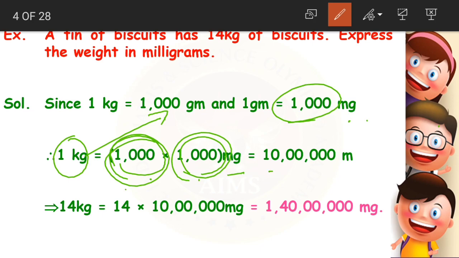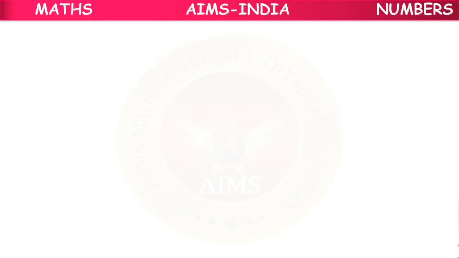The product will be 10 lakh milligrams. So when we multiply this with 14, we get our 1 crore 40 lakh milligrams. Okay students, I hope this was clear. It was the conversion of kilograms into milligrams.